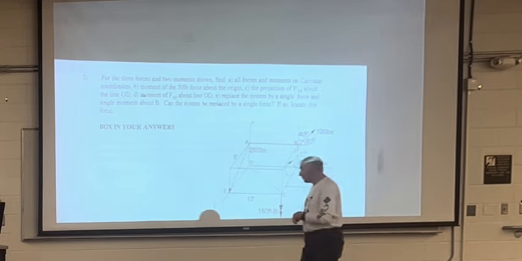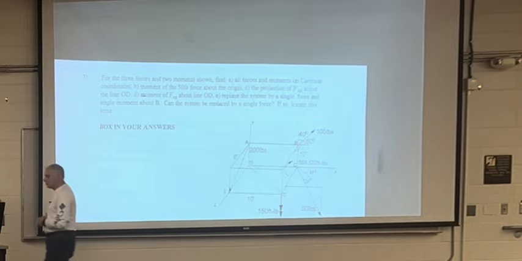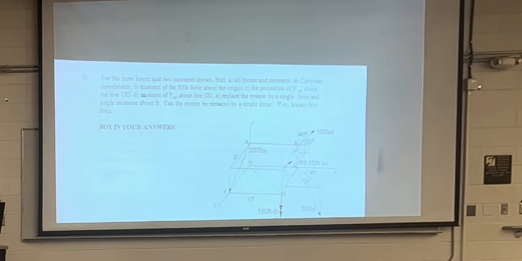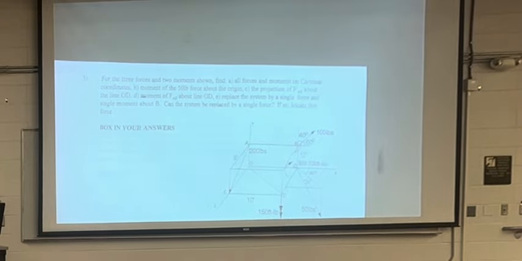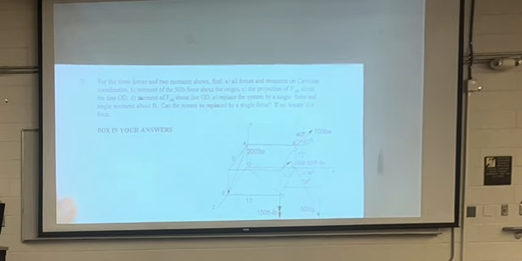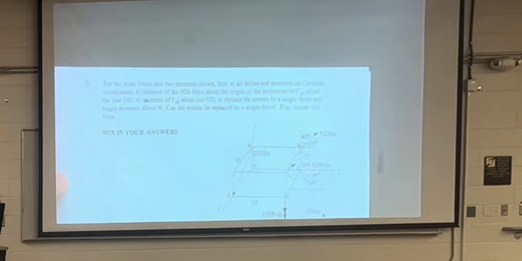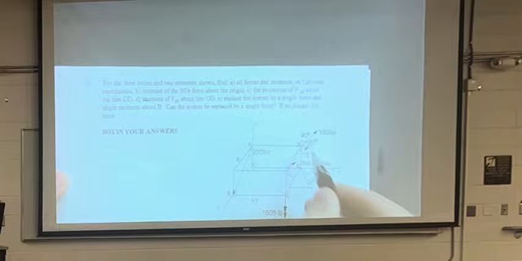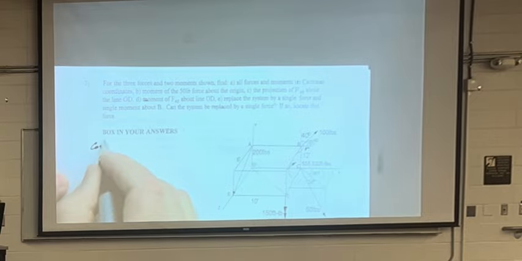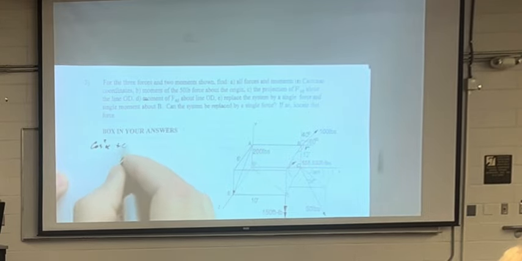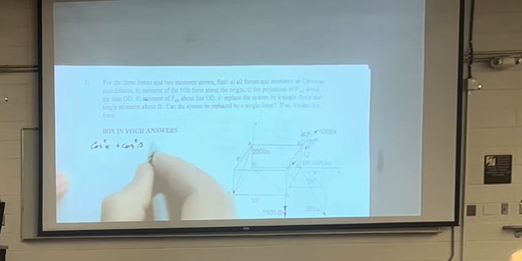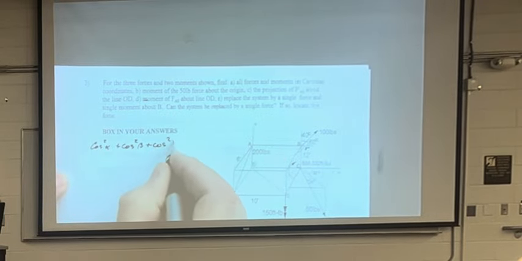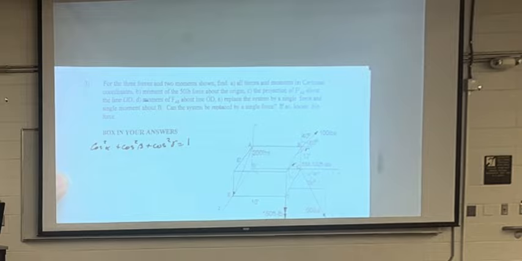Okay? So the first thing on this one is I need to get all forces and moments in IJK format. Agreed? Okay, let's do that. First things first, I need this gamma. So cosine squared alpha plus cosine squared beta plus cosine squared gamma equals 1.